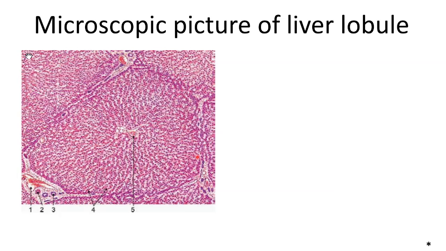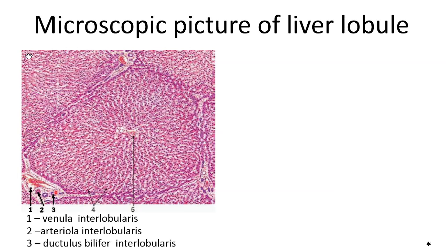And in the center of it, we can find number 5, vena centralis, and in each angle of the hexagonal prism we can find number 1, vena interlobularis, then number 2, arteriola interlobularis, and number 3, here it is, ductulus bilifer interlobularis.